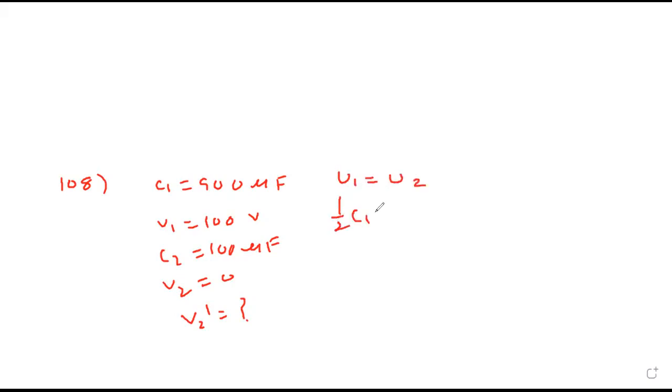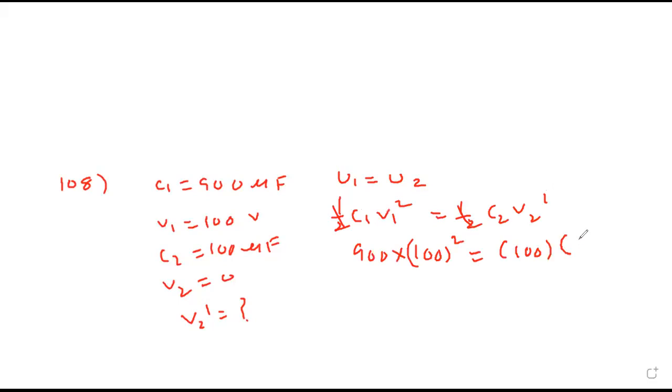So half of C1 V1 square is half of C2 V2 dash square. Half of 900 into 100 square equals 100 into V2 dash square. So this 100, I can cancel.